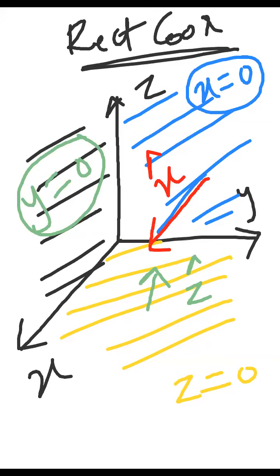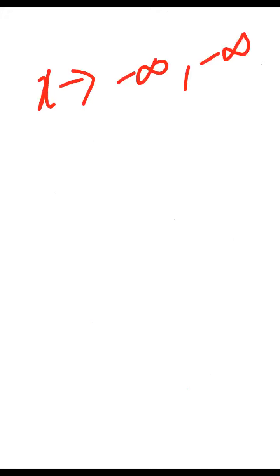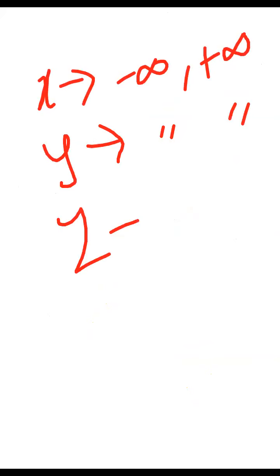Please remember the range of x in general is minus infinity to plus infinity. Anyway, we are on two-dimensional paper, so we cannot show that. Y also goes from minus infinity to plus infinity, and z also.